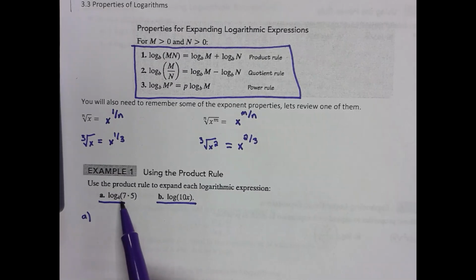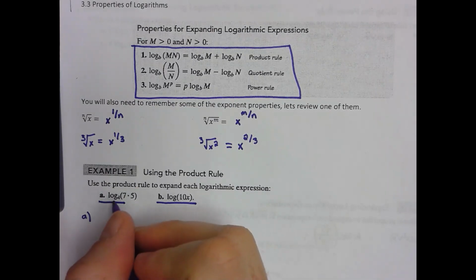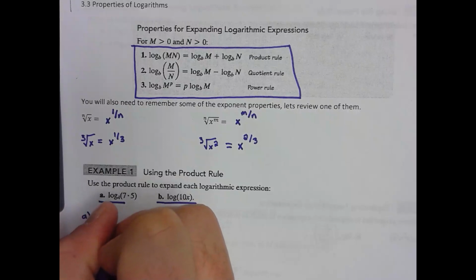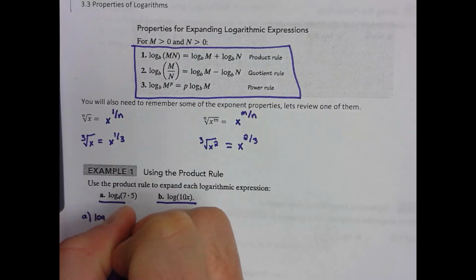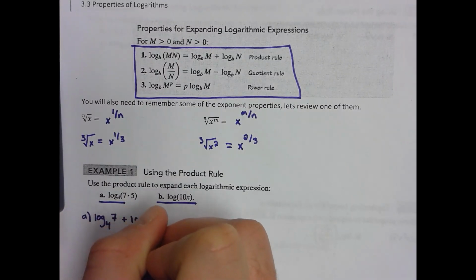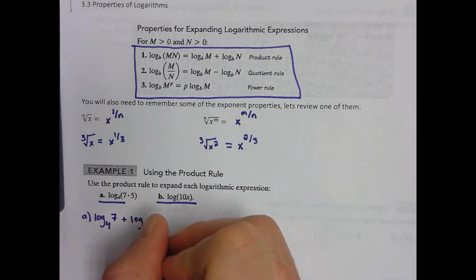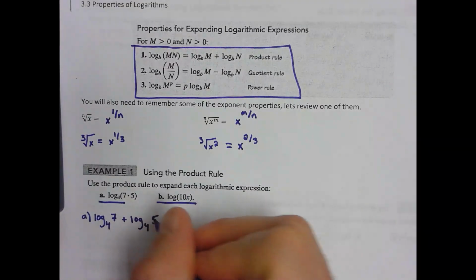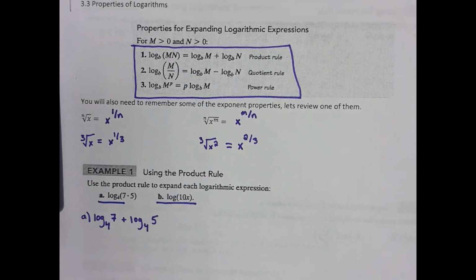So I'm essentially telling myself, I'm taking a log of 2 terms, of 7 times 5. So when I expand this out, I should have 2 new logs. The base is going to stay the same. And since I'm multiplying what I'm taking the log of, I'm going to add those two new logs. So it's log base 4 of 7 plus log base 4 of 5. And that's it. Okay, that has been expanded out.